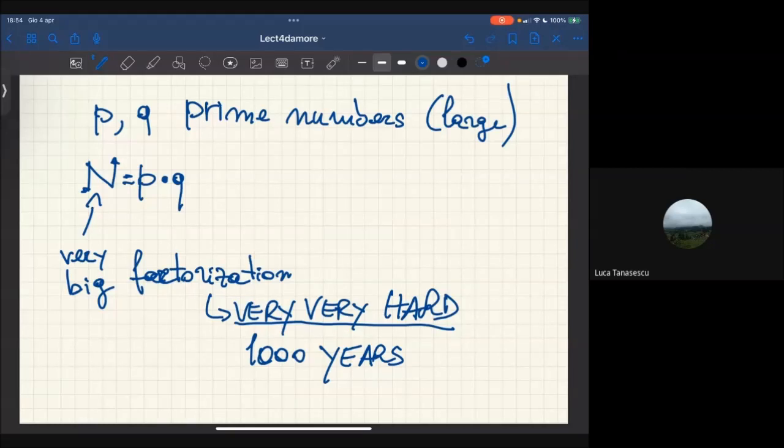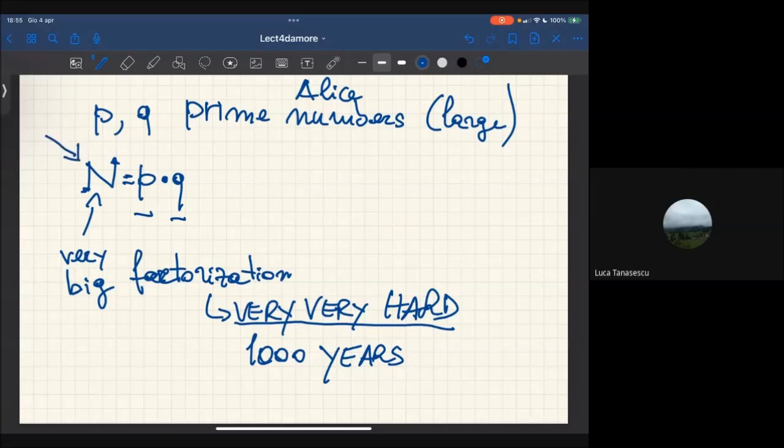Okay, this is Alice. So Alice knows P, knows Q, and can compute the result of the product.